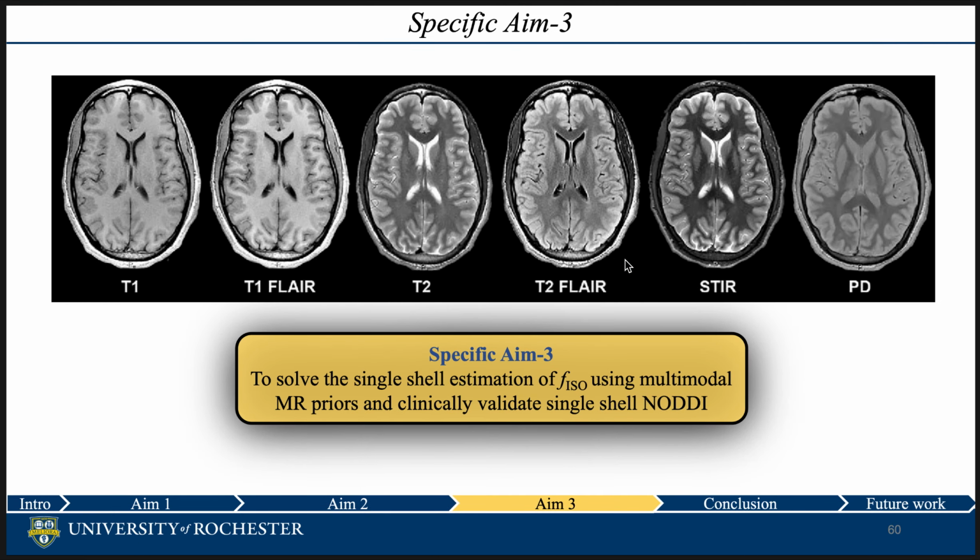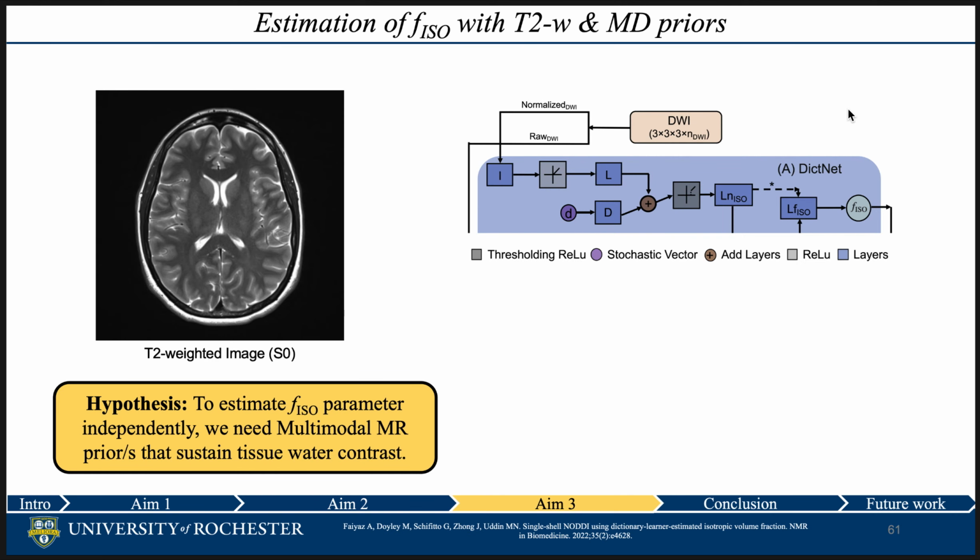Which brings us to our specific aim 3, which is to solve for single shell estimation of free water using multimodal MR priors, and finally clinically validate whatever single shell outcome we have from the NODDI. Our hypothesis was that to estimate the free water parameter independently, we would need multimodal MR priors that can sustain tissue water contrast.